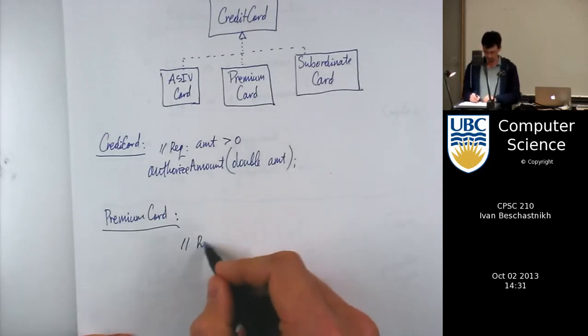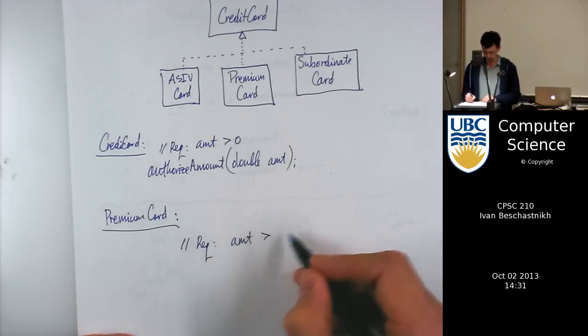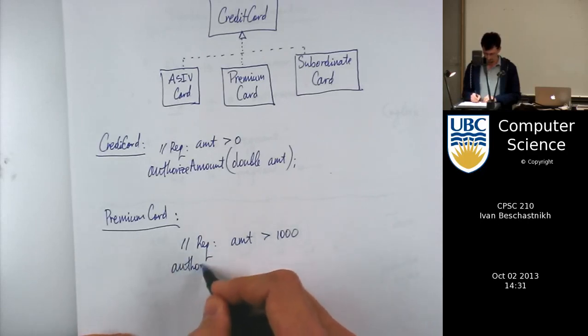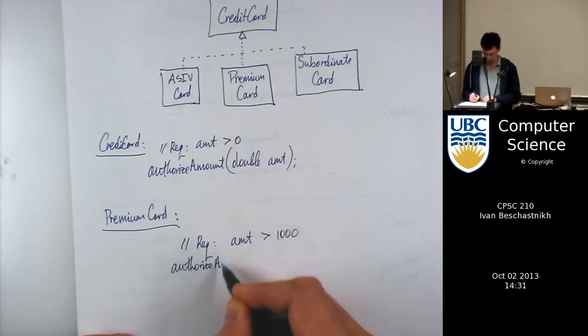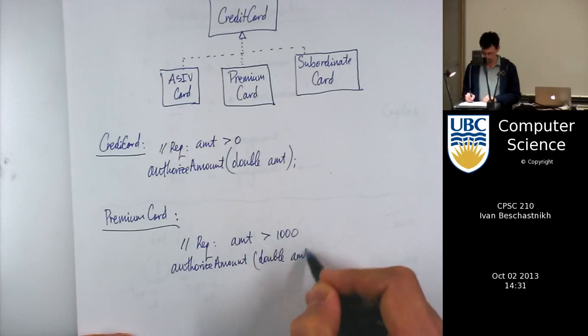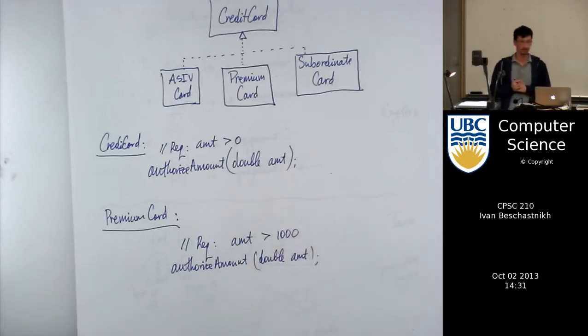And give it a requirement that amount must be greater than 1,000. So the signature for my method is identical. Just takes some double value.